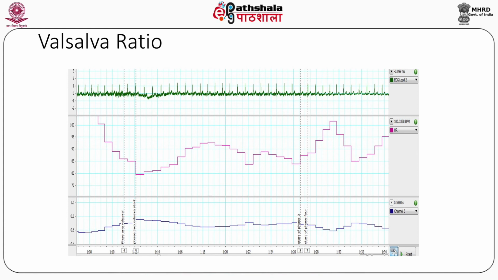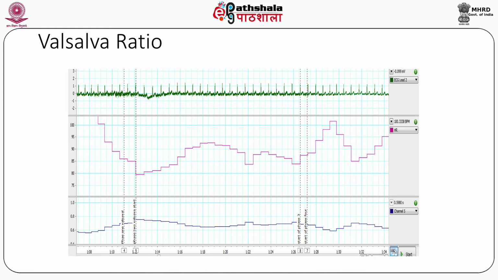There is a small leak in the tubing, thereby preventing the closure of the glottis. So the instruction is, at the start of the maneuver, blow out as hard as you can, trying to maintain a steady pressure of 40 millimeters of mercury in the mercury column.